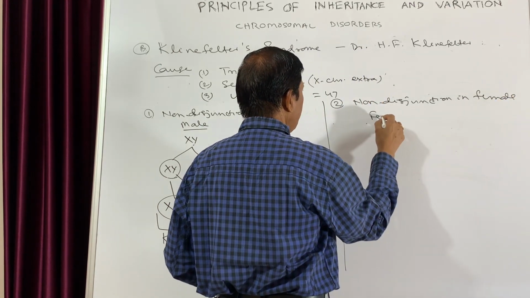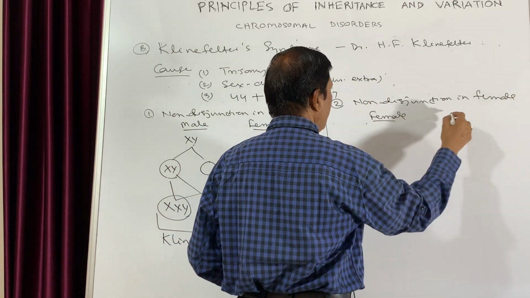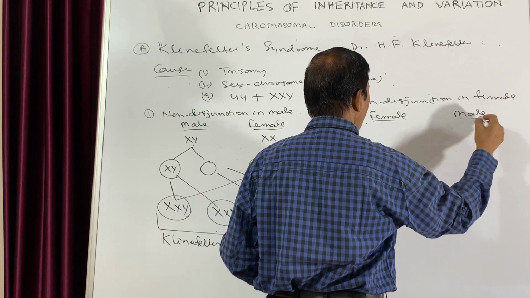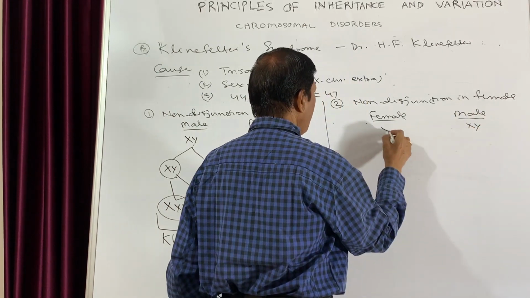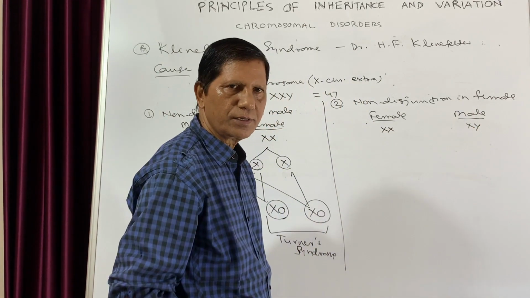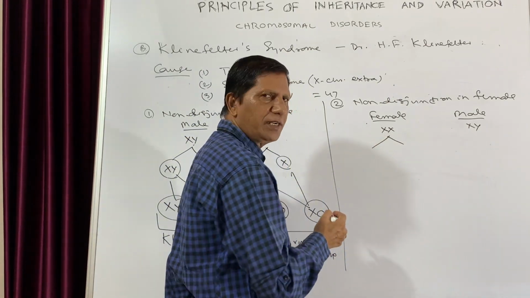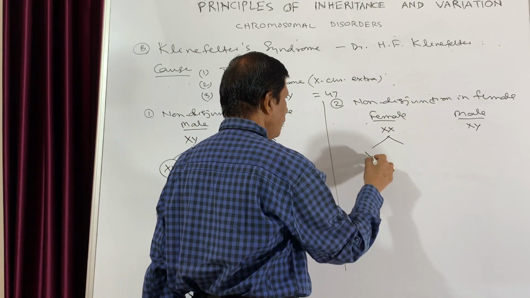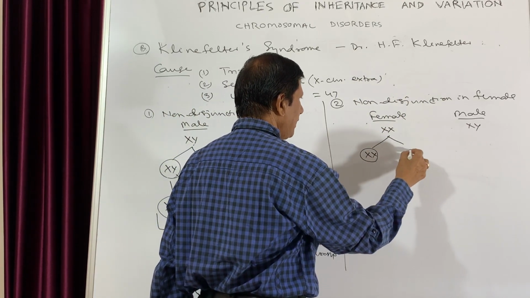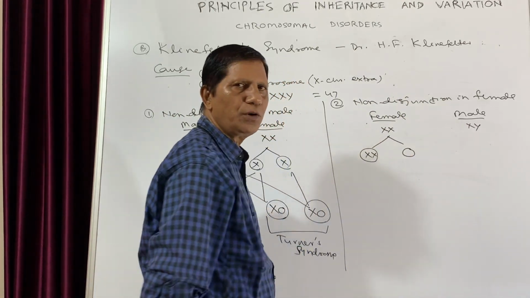So let us take the example of female and male. The male will be XY and the female will be double X. Now suppose there is non-disjunction in the female. Both the X will come to one side, the other side nothing, 0.